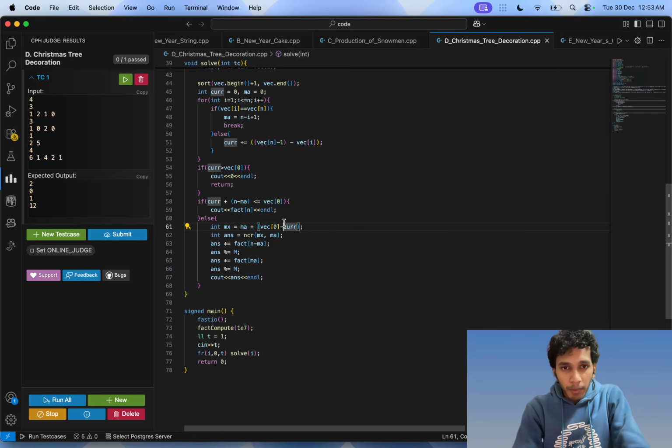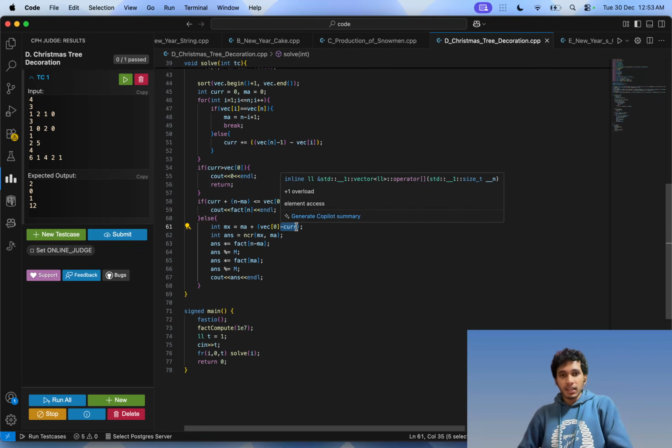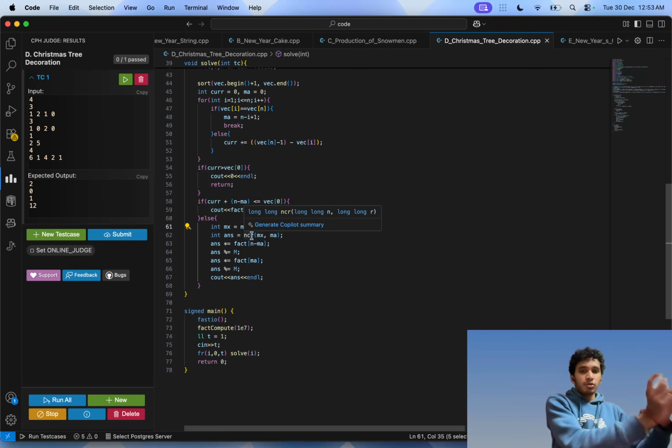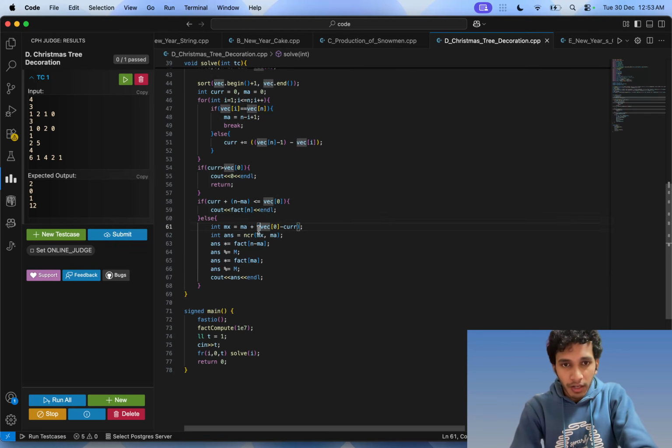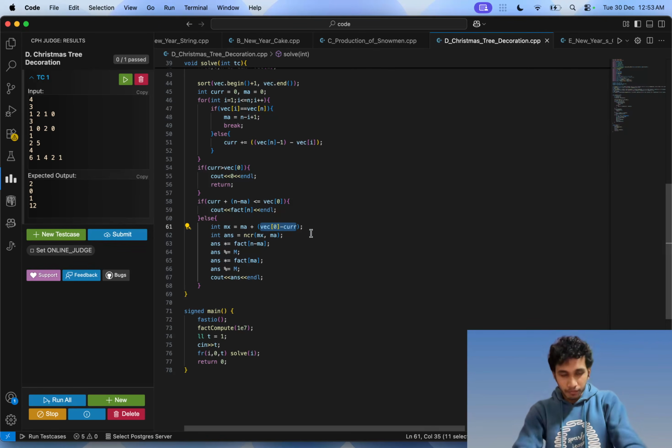Subtract the number of decorations required to translate up till 3, the number of decorations left over now with P0. Those are the number of elements that will be distributed to all the 3s so that they translate to 4. Alright. So V0 minus cur.